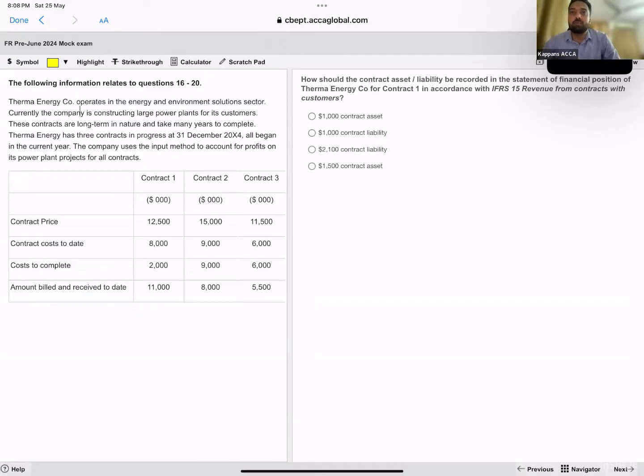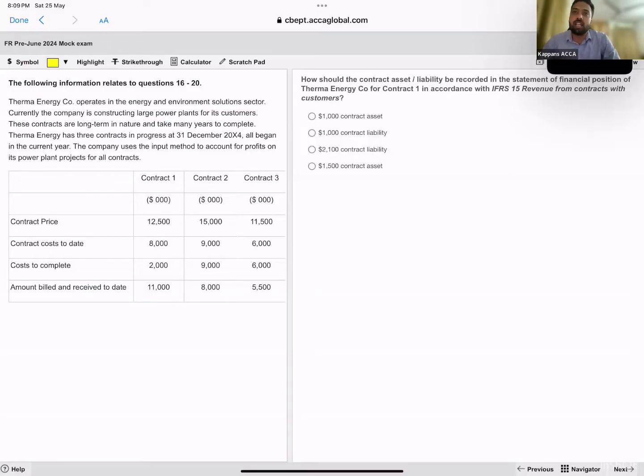Therma Energy Company operates in the energy and environment solutions sector. Currently, the company is constructing large power plants for its customers. These contracts are long-term in nature and take many years to complete, so performance obligations are satisfied over a period of time. So IFRS 15 revenue will be the applicable accounting standard.